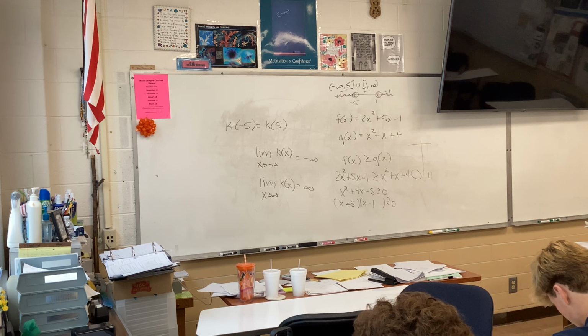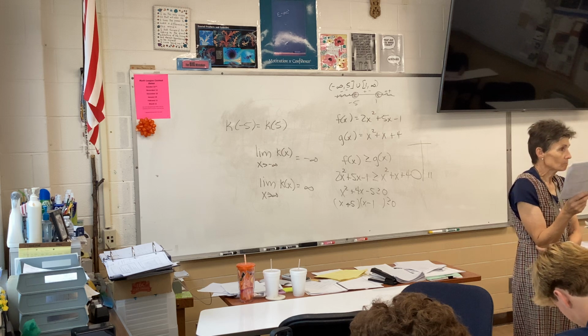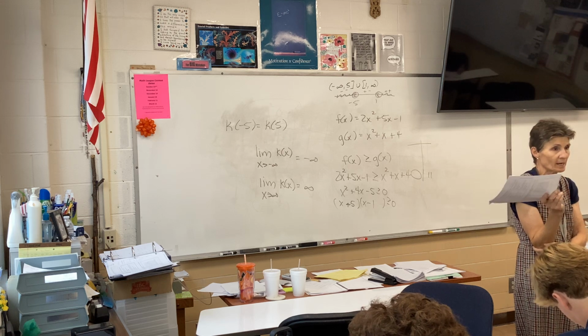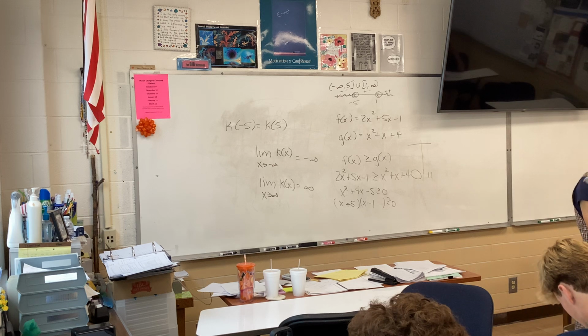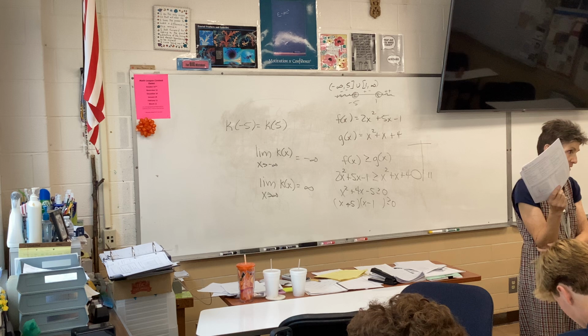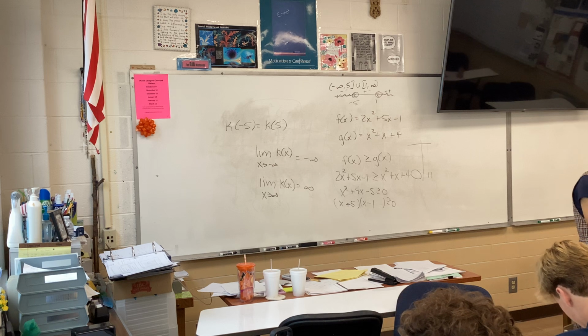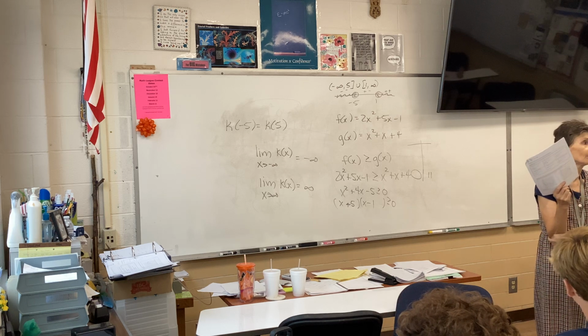Limit statement one is down, down. Would you agree? Using common language, down, down. So that goes with graph A, doesn't it? Isn't A the only one that's down, down? And down, down would have to be a polynomial with what kind of a degree and what kind of a leading coefficient?